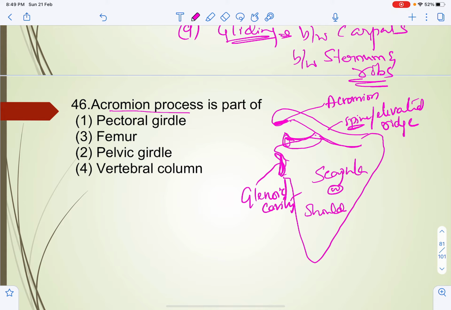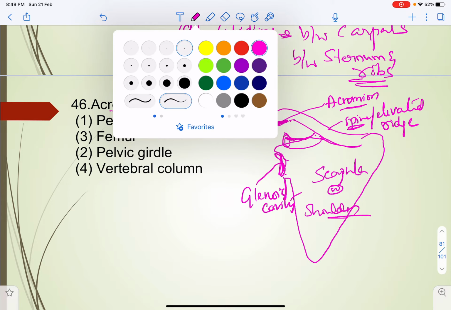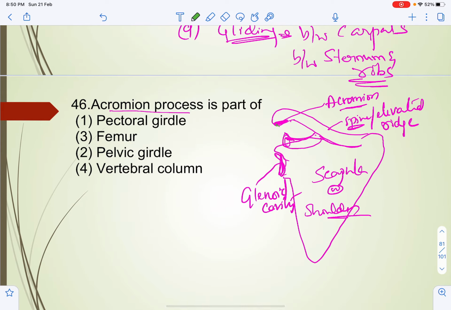Let us take, we know the acromion process receives the clavicle bone. Clavicle is also called the collarbone.